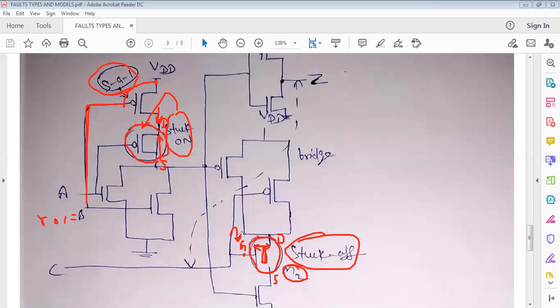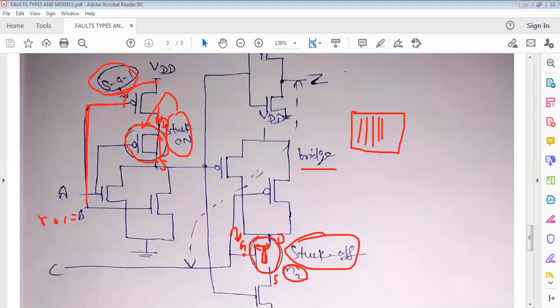Another type of fault is the bridging fault. As you know, the fabrication process in VLSI design takes place in a very small area, so these lines are very close to each other.